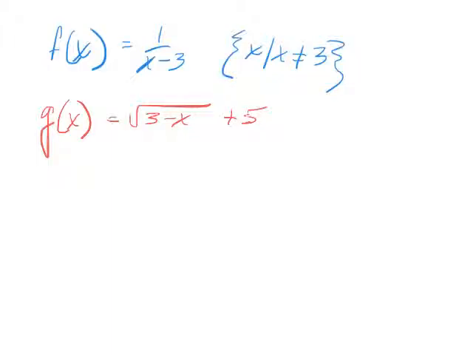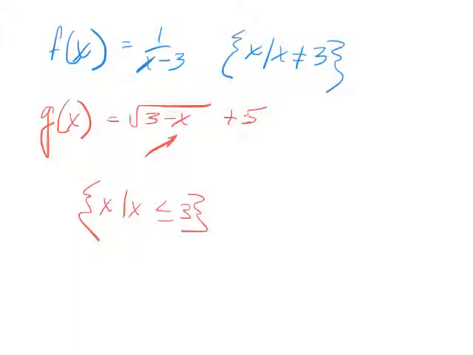Okay, so when you look at what you can put in here for x, we don't want a negative number under the square root. So what we have a choice of is x such that x must be smaller or equal to 3.